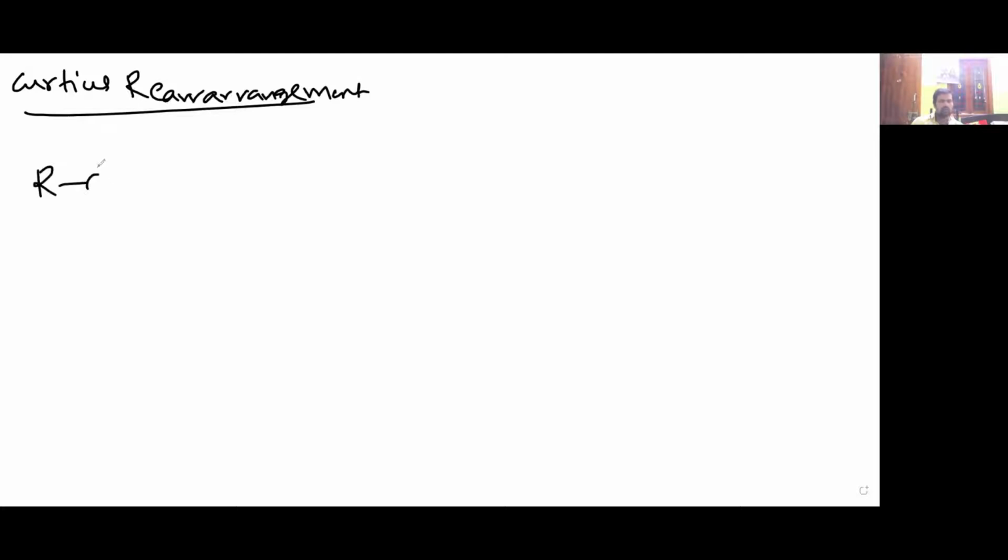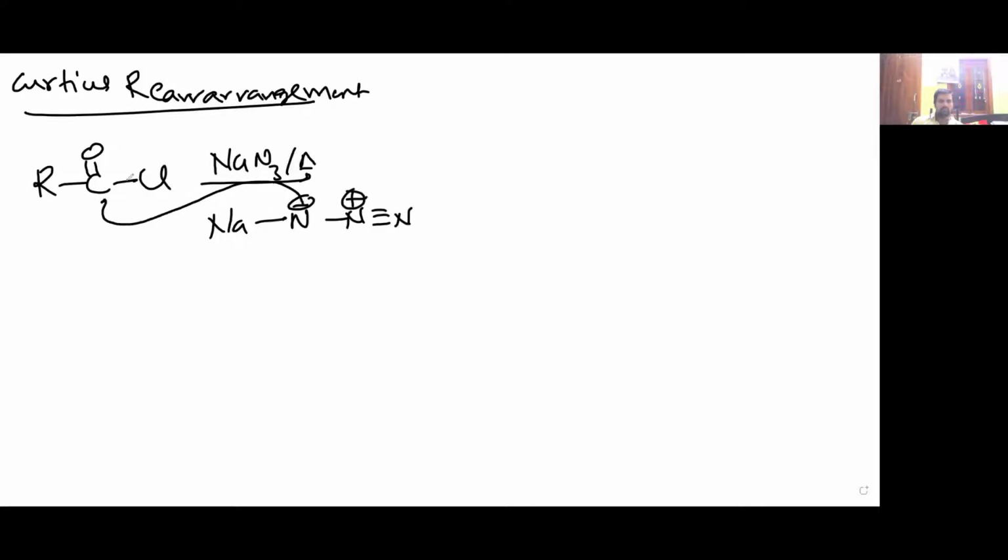R-COCl is treated with NaN3 by heating. As usual, NaN3 you can write like this: N minus, N3, plus Na. Okay, so this is attacking, Cl minus, NaCl is eliminated.